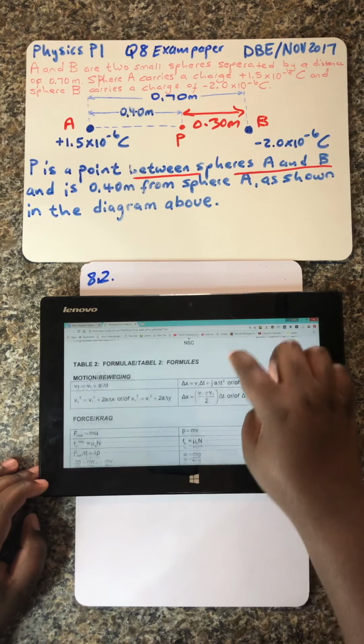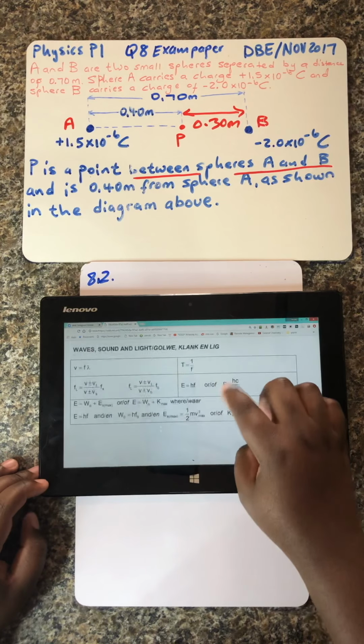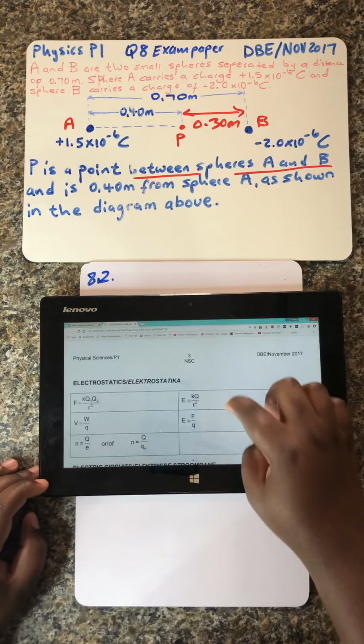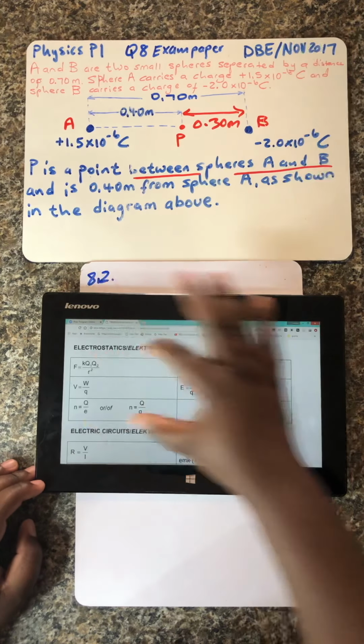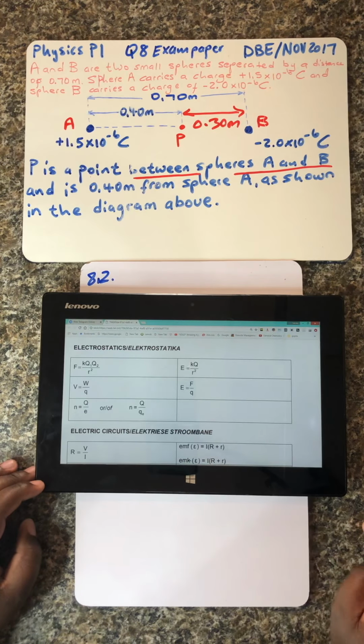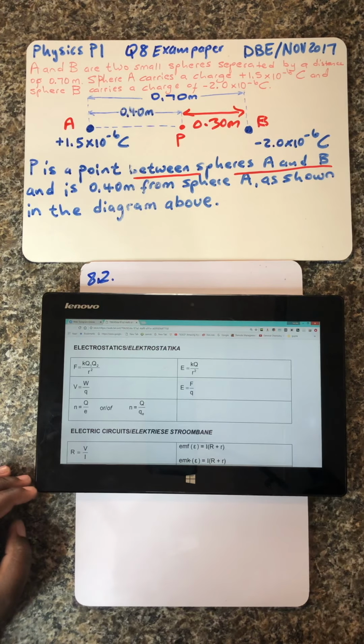Now we need to make use of this formula sheet to choose the relevant formulas for this chapter. So guys, this is where you concentrate with regards to choosing the correct formula. As you can see, we've got the formula for calculating force.